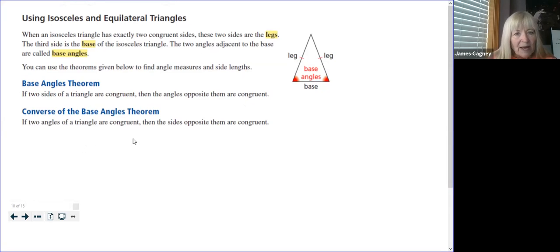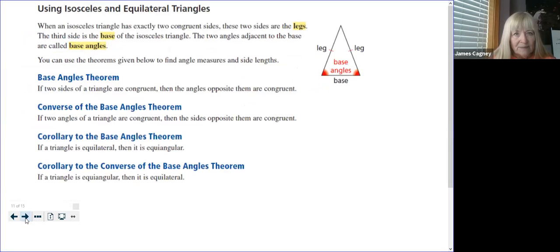And then if 2 angles of a triangle are congruent, then the sides opposite them are congruent. So I can prove it either way. If these 2 angles were equal, I know these 2 sides are equal. And we're going to use this right now. Oh, wait, we've got some more. So we did this one, we did this one.